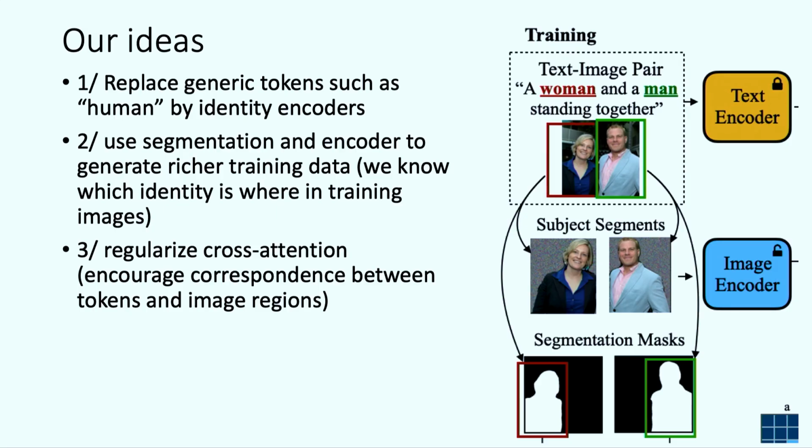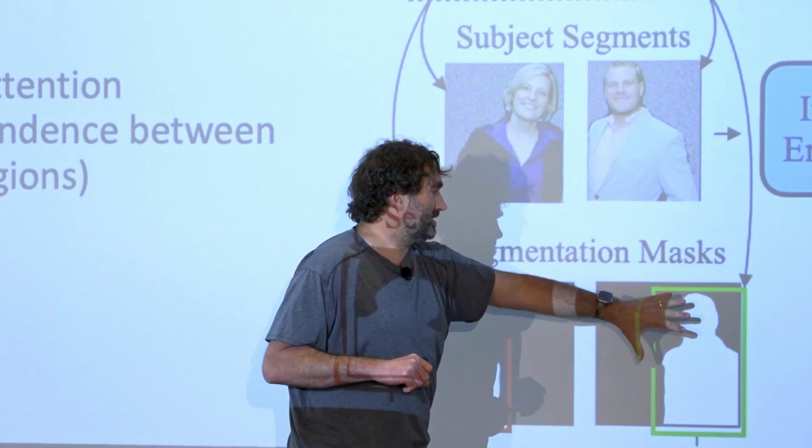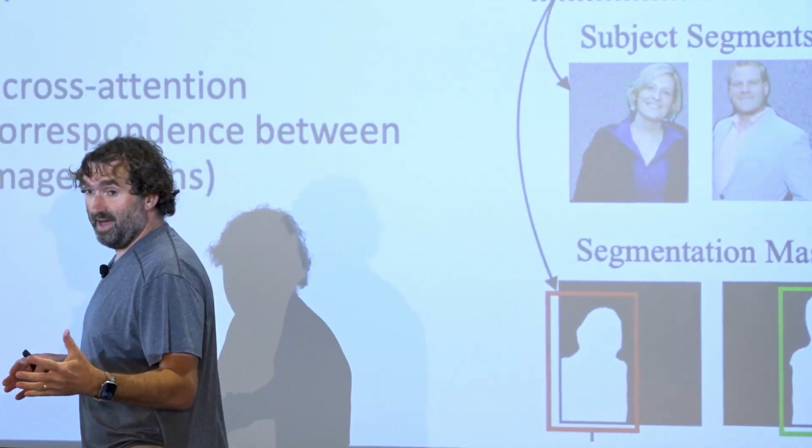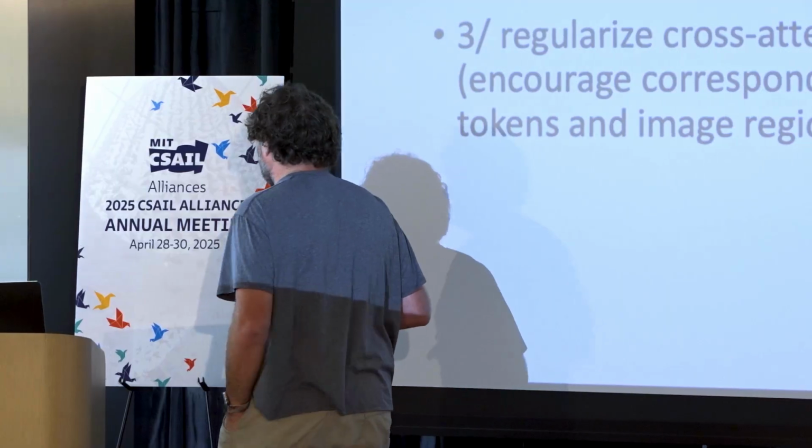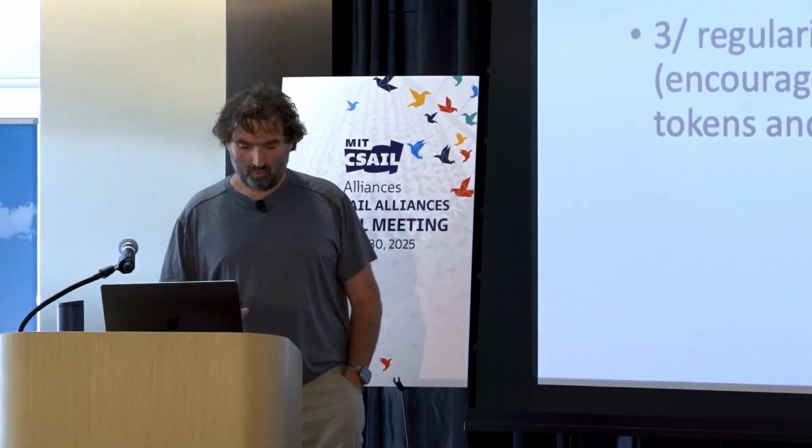And then in order to train this, we're also going to use off-the-shelf, state-of-the-art segmentation and identity encoding neural networks to say, well, given one training image like this, we can decompose it. We know where the woman is. We know where the man is. We can even compute pretty good quality masks. And that's going to allow us to do some training that's much higher quality.